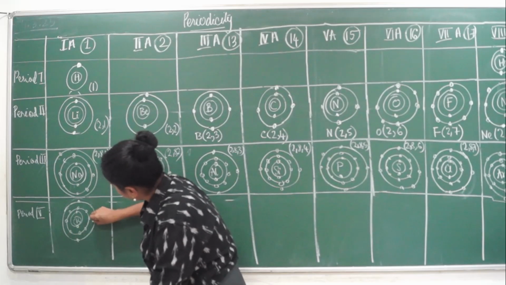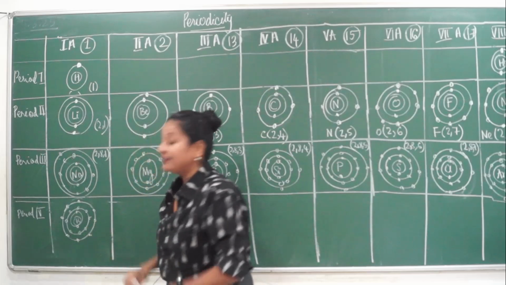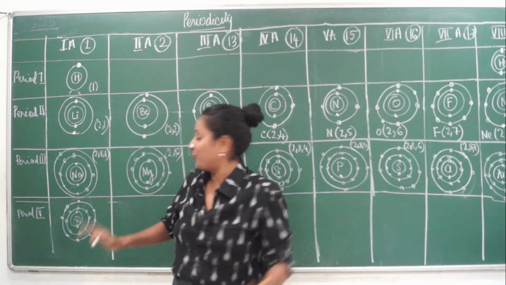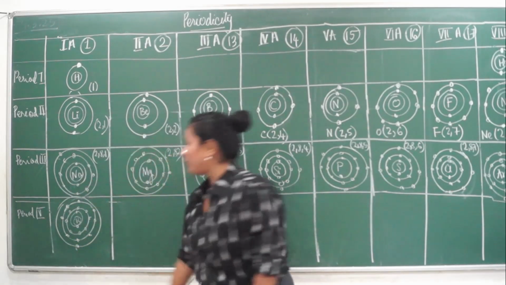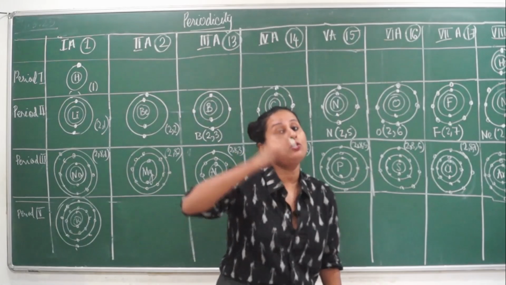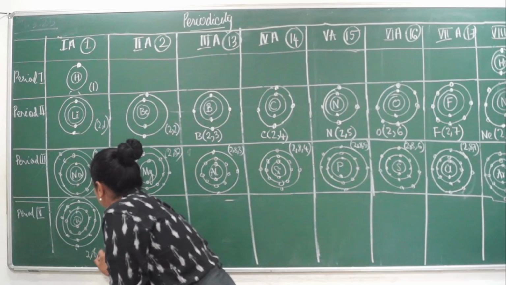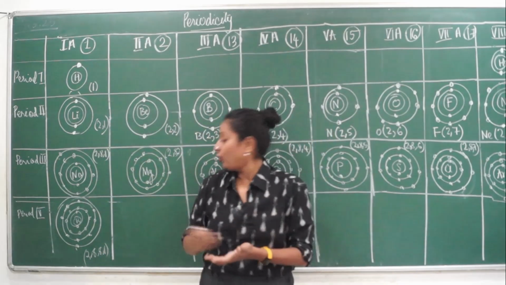And the last shell will have that extra 1 electron. Adjusting is not allowed. So what is the configuration of potassium? 2, 8, 8, 1.